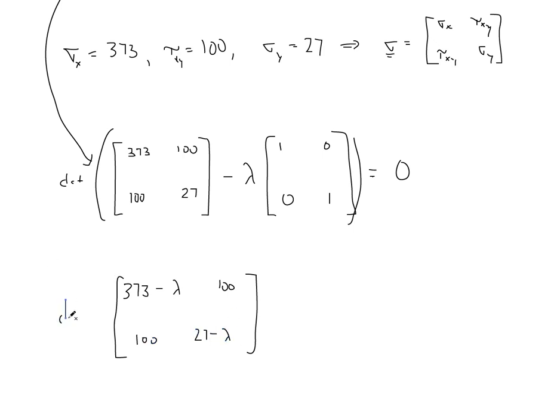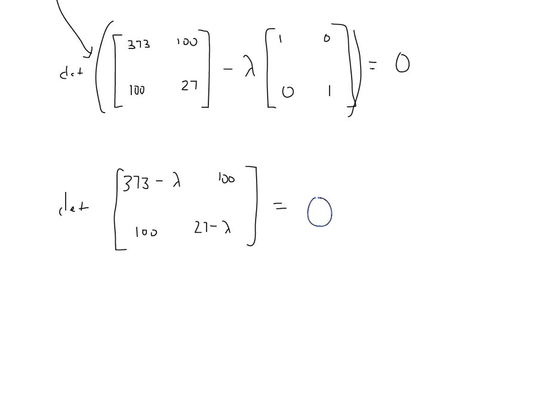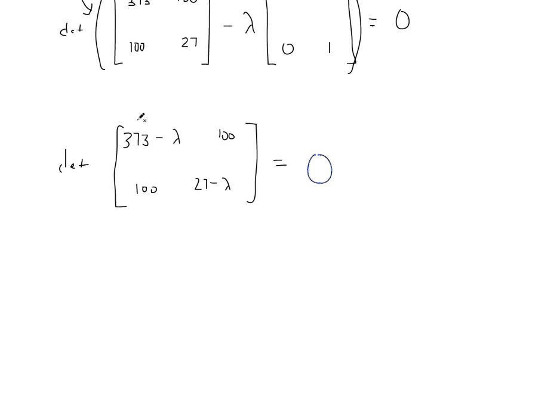And again, I need to take the determinant of this particular matrix and set it equal to 0 and solve. All right. Determinant of a 2 by 2 is actually somewhat doable. It ends up being just this minus this.